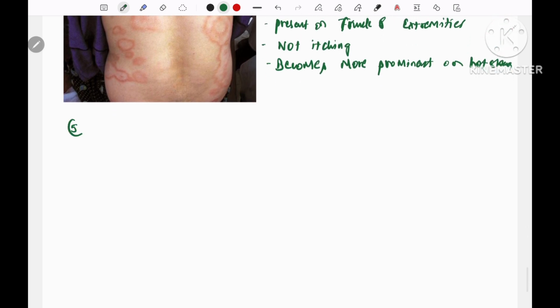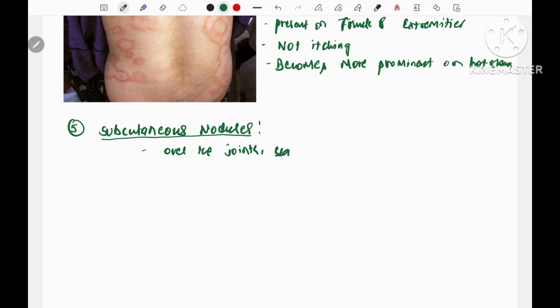Now the fifth one is the subcutaneous nodule. These subcutaneous nodules are basically present over the joints, in the skull, occiput, knee, ankle.